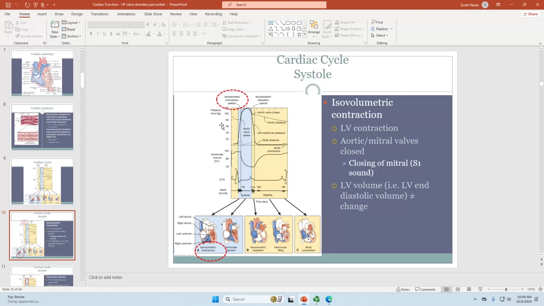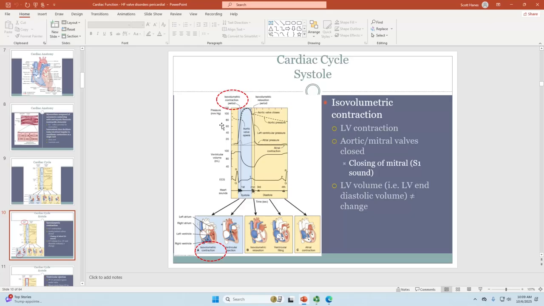As the left ventricle begins to contract, it's squeezing down and removing open space from the ventricle. As a result, the pressure inside the ventricle begins to increase. Does that make sense? Smaller space, same blood volume, it's not going anywhere.